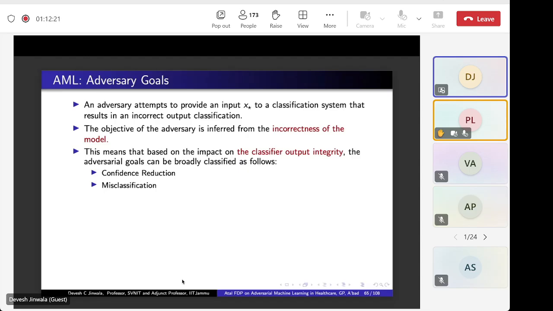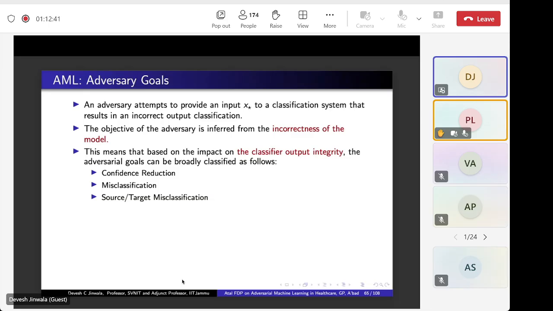It could be misclassification. Now I have some more information as an adversary, so I'm interested in causing the system to misclassify. A red sign classified as a panda. Or it could be targeted, source-target misclassification. I am trying to target either the source or the destination.